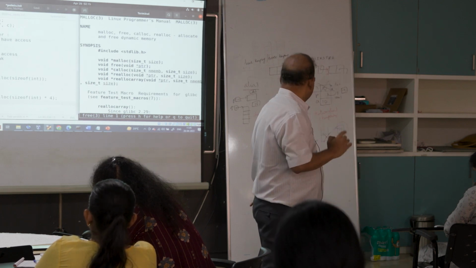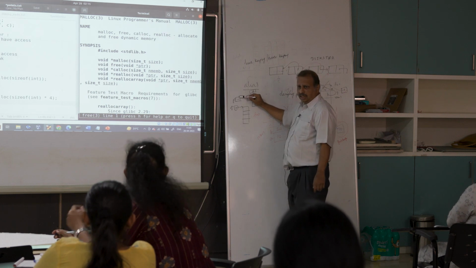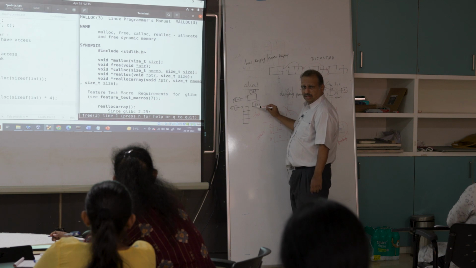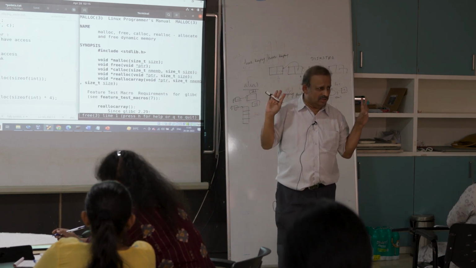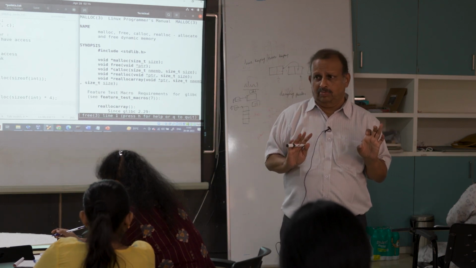So given P, the implementation knows where this 4 is stored. Given Q, it knows where this is stored. It could be just before this location, could be a table, could be a function call, we don't know. That's an implementation issue. But there is clearly a bookkeeping.